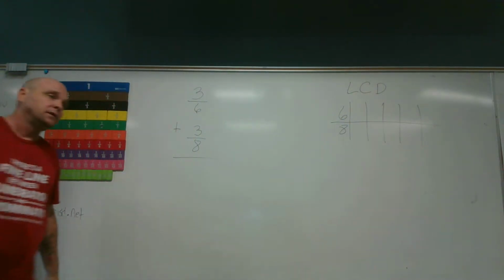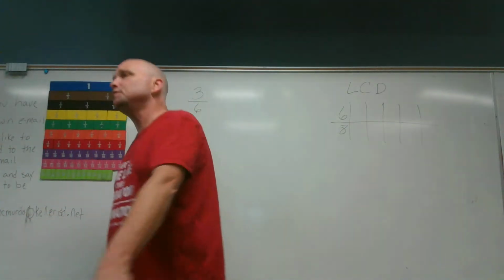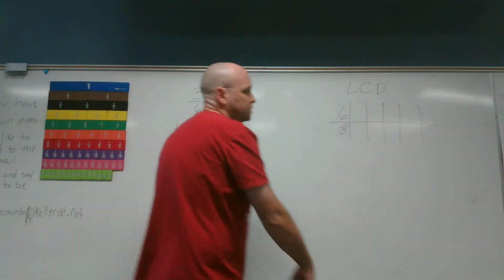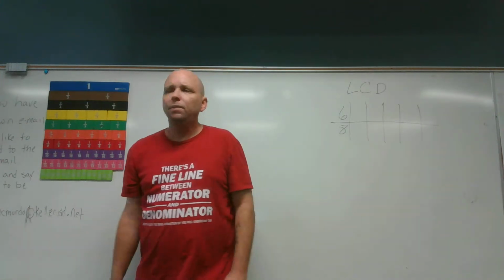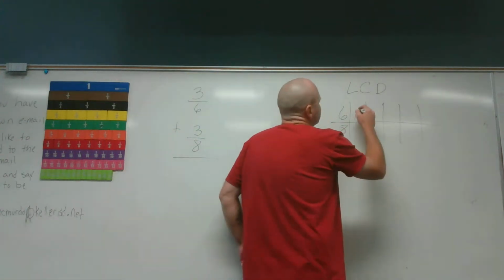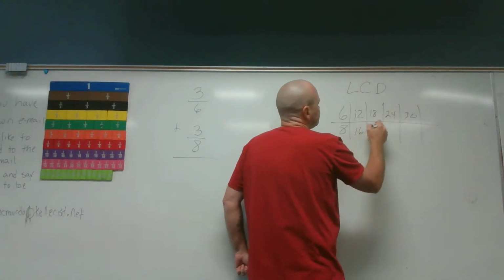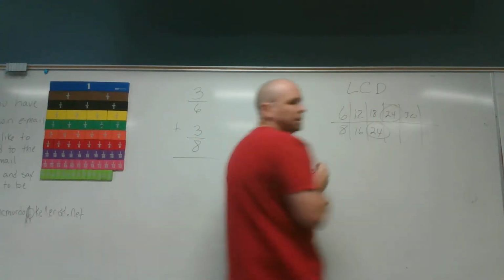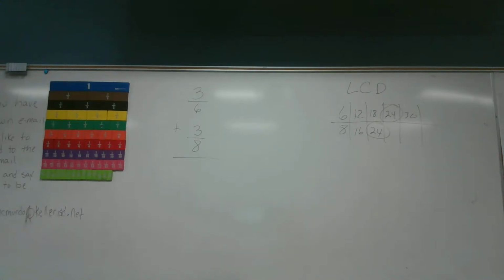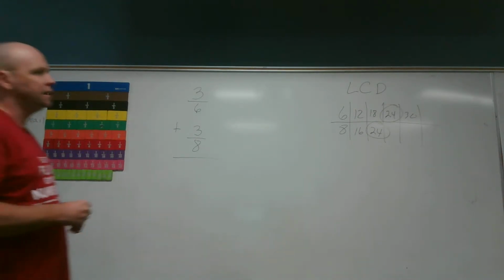Now you have one in your journal, which you will be allowed to use on the test, so you could always look at that. But we make our multiplication table: 6, 12, 18, 24, 30; 8, 16, 24. Booyah! I have found my least common denominator. It is 24.